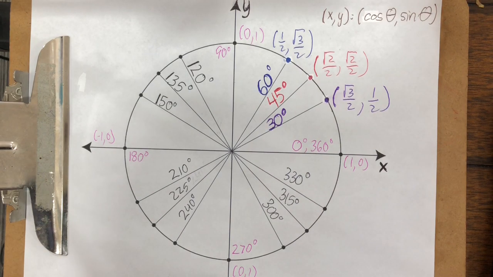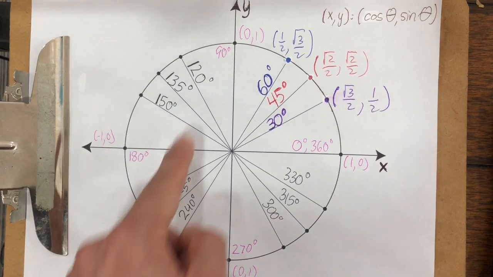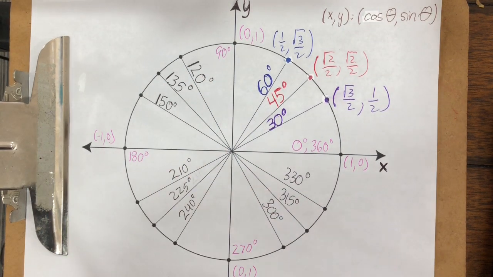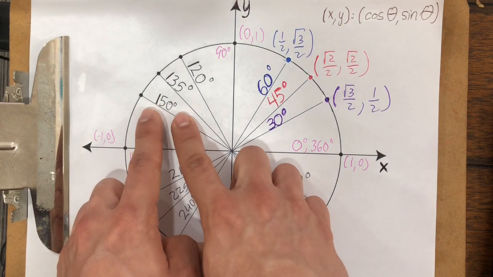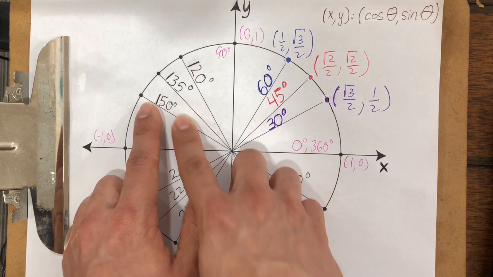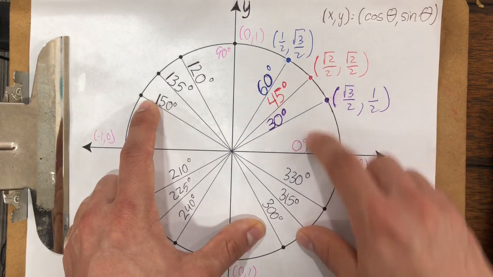Now, what I'm going to do to try to fill in the rest of the unit circle is, in each quadrant, calculate my reference angle, and whatever the reference angle is, I'm going to use a copy and paste format. So let's say we calculated the reference angle for 150 degrees. I'm going to get one of these 3 angle measurements.